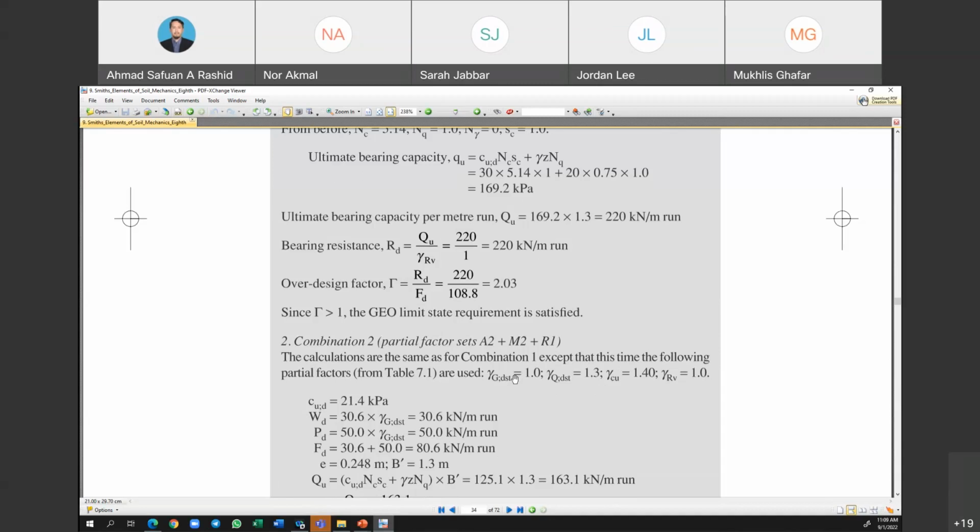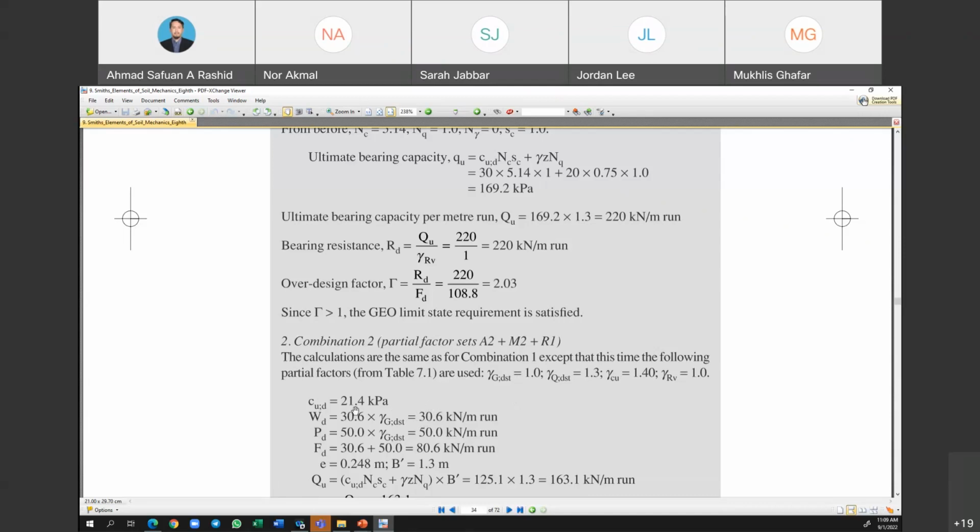For the spread footing, if you look at the table, the R1 is described in combination number 1, which is 1.0. Since the problem is not located on a slope or embankment, we choose 1.2, 1.4 for the M2. Then repeat the same procedure.